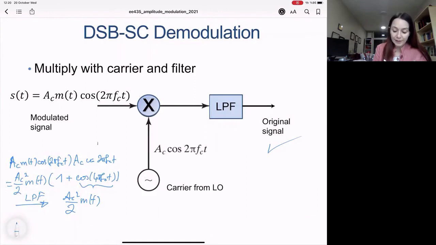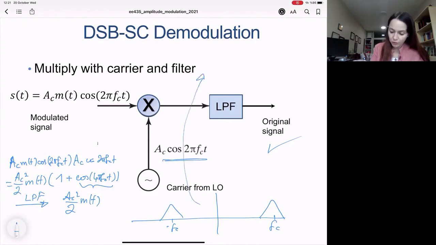Another way of seeing this would be seeing what happens in the frequency domain. So the incoming signal is in this form, minus FC, FC. And when we mix it, what happens is, let me draw over here, we translated the whole thing to FC and minus FC.